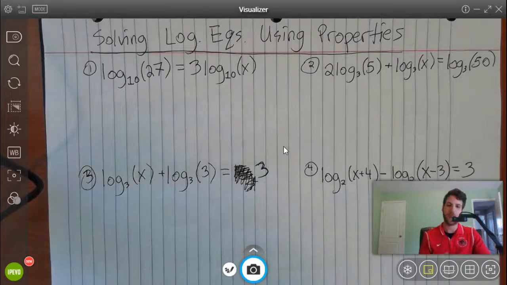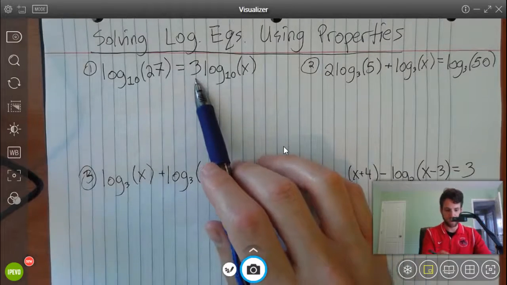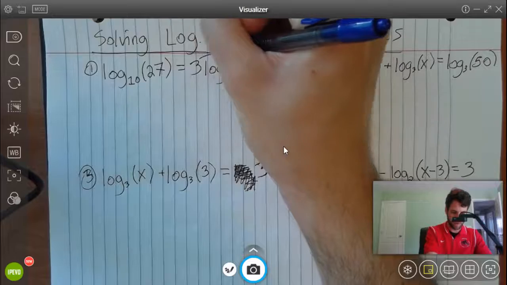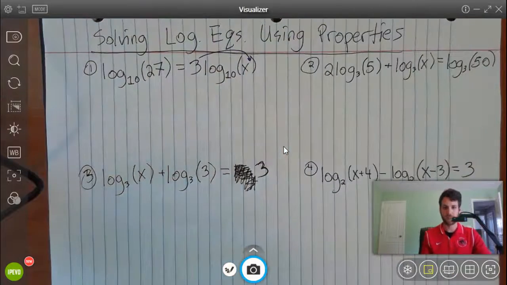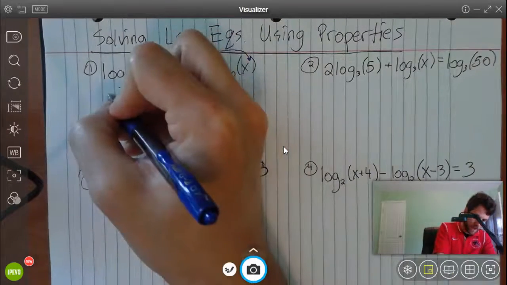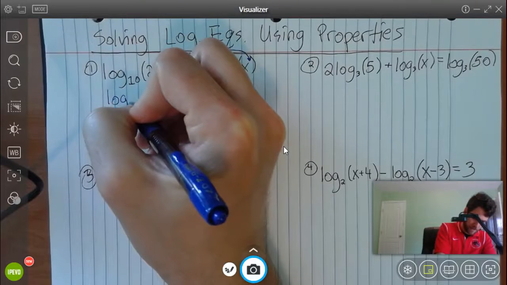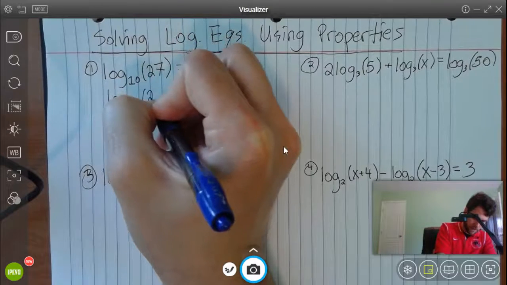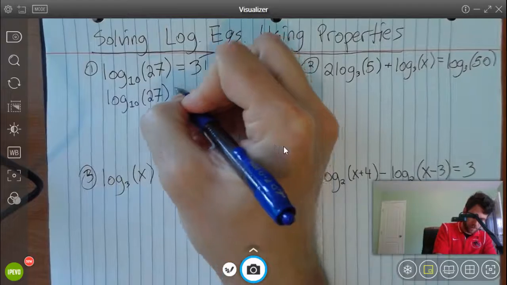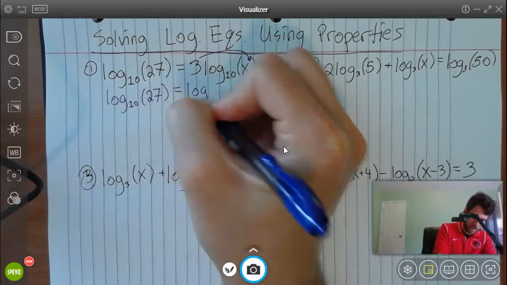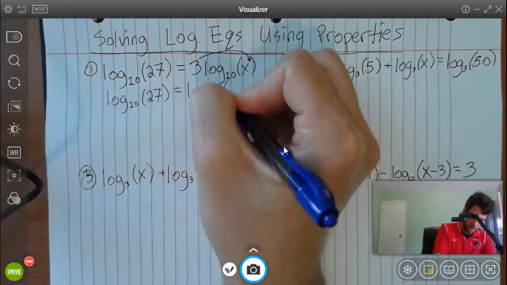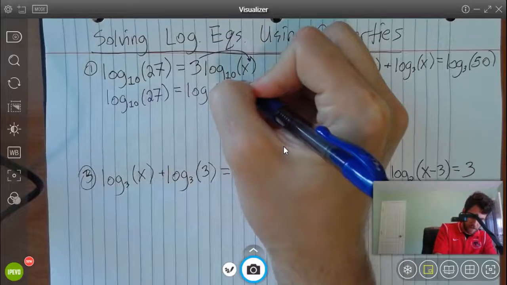Well, we don't see any adding and subtracting, but we do see a 3 in the front. So that 3 is going to go on top of our x right there. And so we would write everything again as log base 10 of 27 equals log base 10 of x cubed.